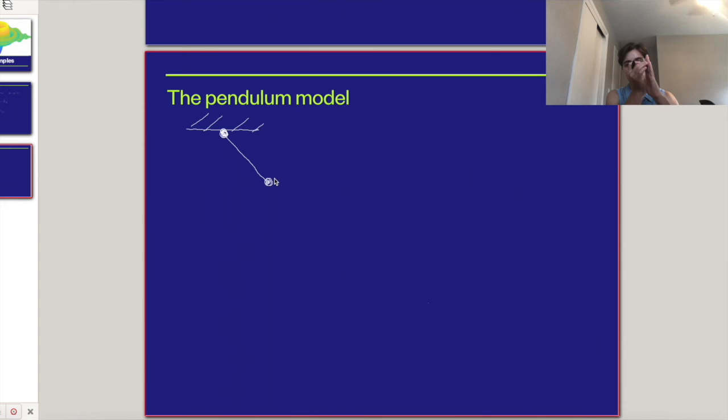Because the rod is fixed, it's not going to change, you can define the position of this thing through the angle theta between the vertical and your rod. So we're going to try to describe how theta changes over time.